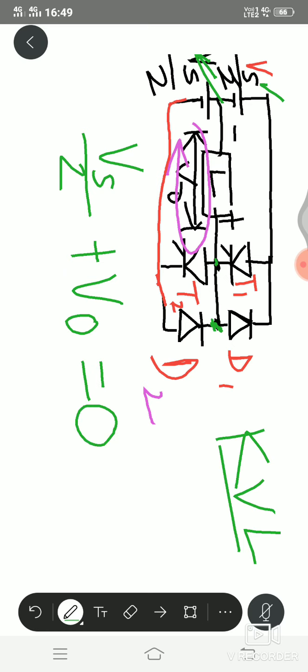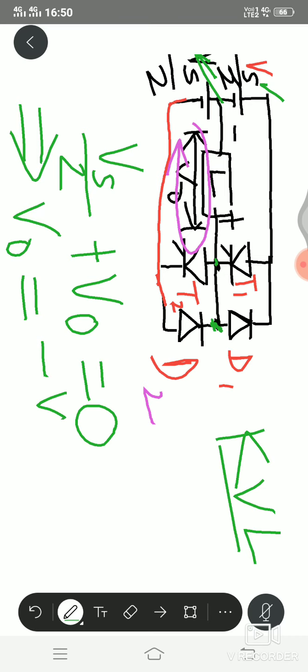Okay, so this is the equation. I think all of you have understood KVL. Vs by 2, follow the pink line. Vs by 2, negative to positive, V naught negative to positive, plus V naught is equal to 0. So what is V naught in this case? V naught is equal to minus Vs by 2.